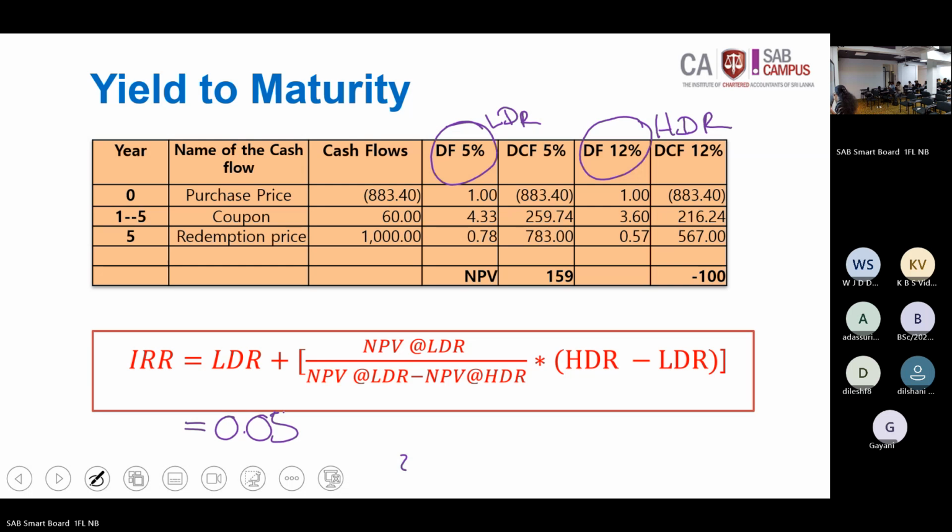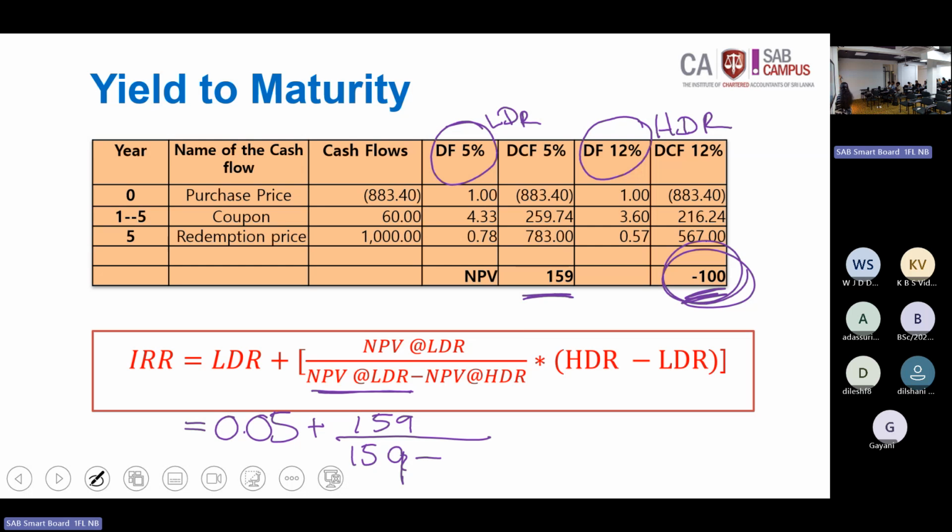0.05 plus NPV at the lowest discount rate. NPV at which rate? Lowest discount rate, it is 159, divided by the lowest discount rate's NPV, again 159, minus NPV at the highest discount rate, that is 100.